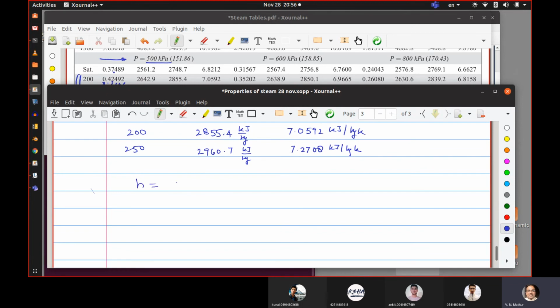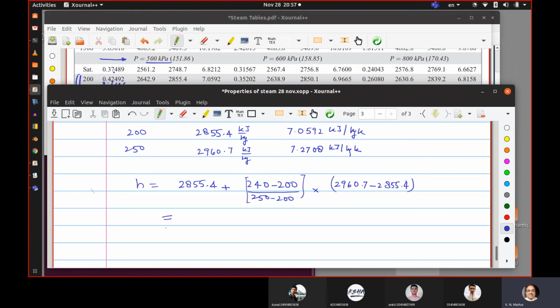So enthalpy should be 2855.4 plus, at 240 degrees centigrade minus 200 degrees centigrade, divided by this difference for 50 degrees centigrade, multiplied by 2960.7 minus 2855.4. I've written the difference here this time.